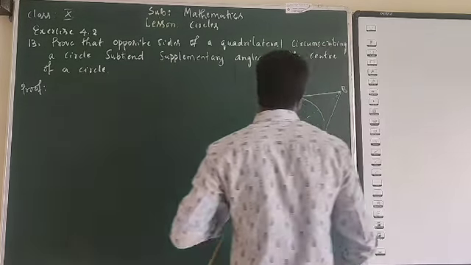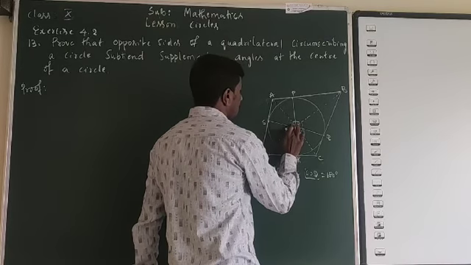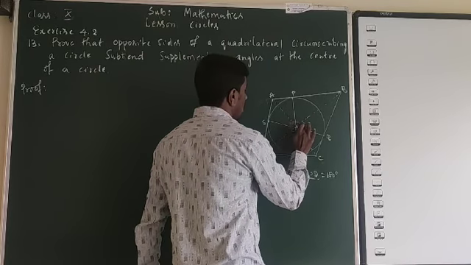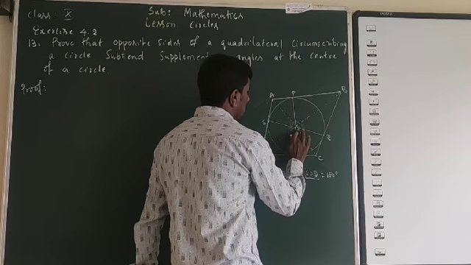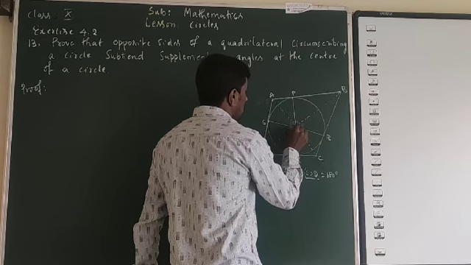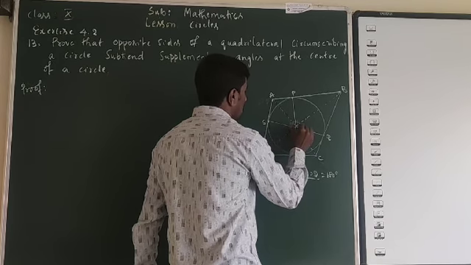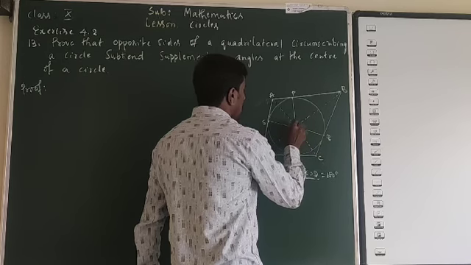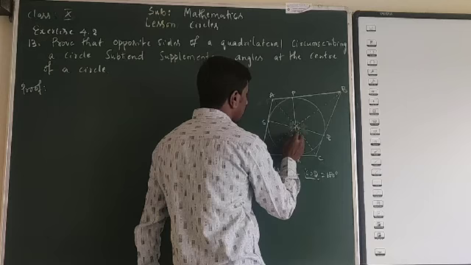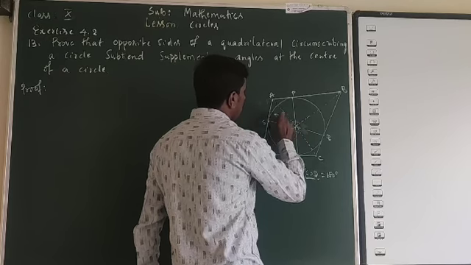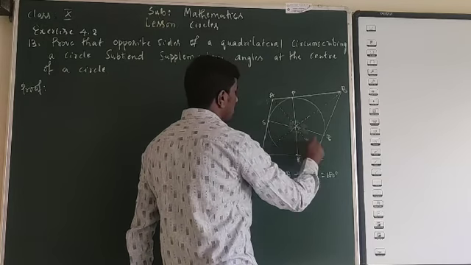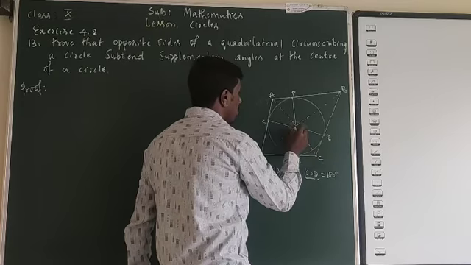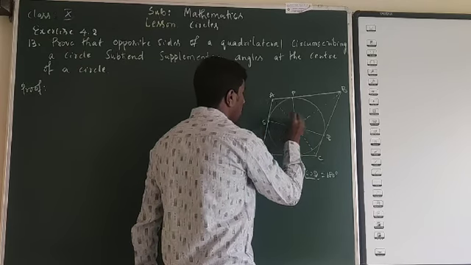Now I will make it a big angle, then we will come to know that. Mark it here. We need to prove that this angle is equal to this, that is, angle AOB plus angle COD, where this is O.